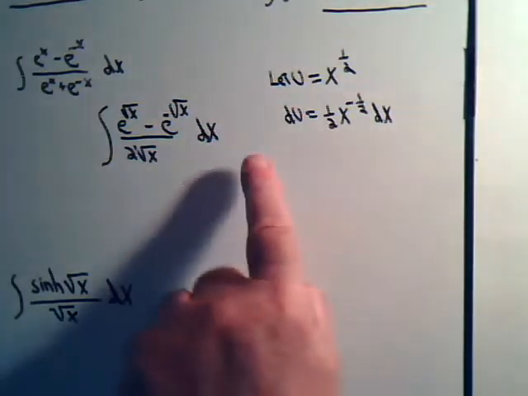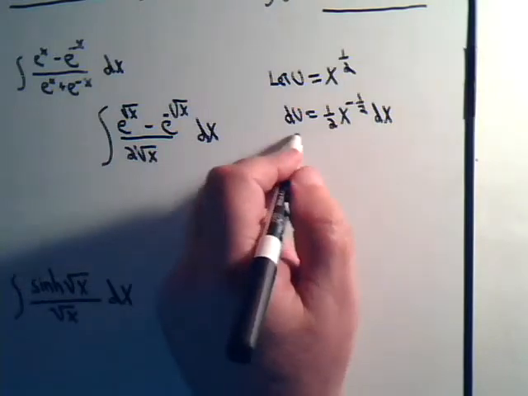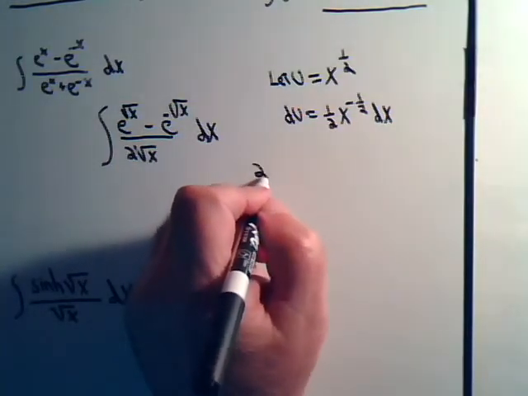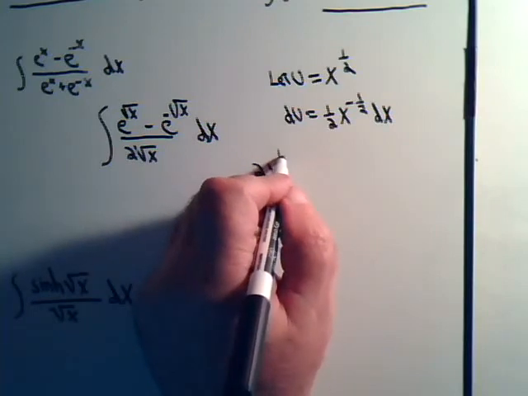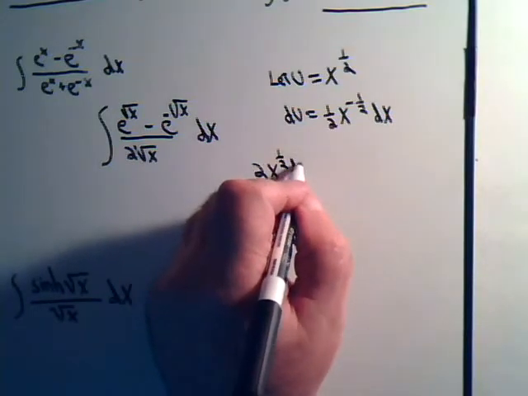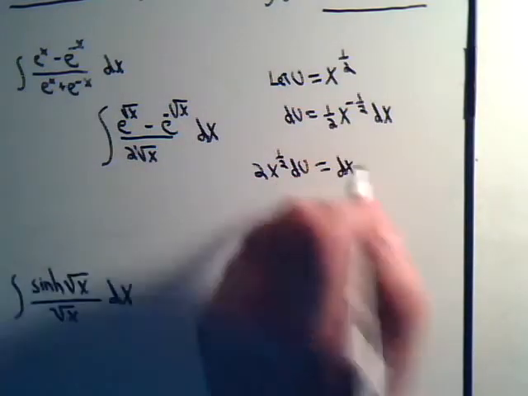So first of all, let's get this on this side of the equation, and that will give us two times x to the plus 1/2 times du equals dx.